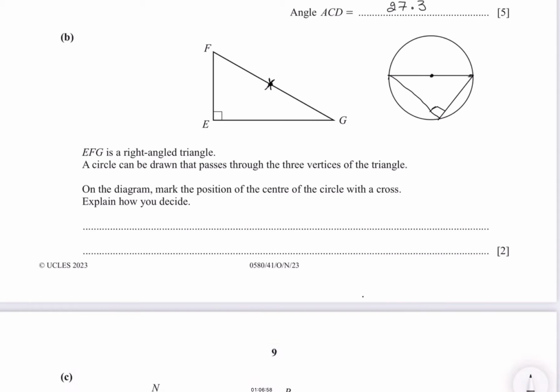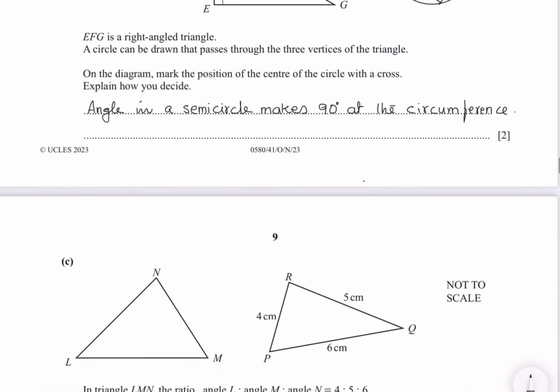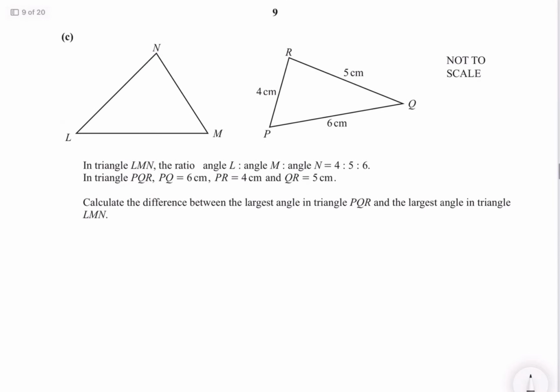In a semicircle of a circle, there is always a 90 degree angle on the circumference. So this you can write: angle in a semicircle makes 90 degree at the circumference. And that's it.